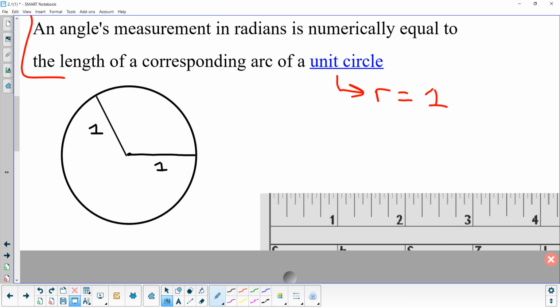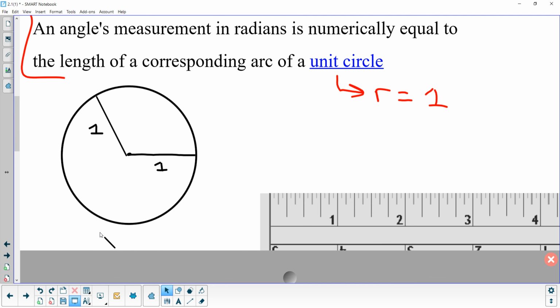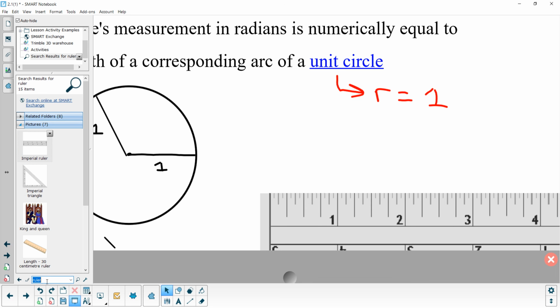Now, if I do have a protractor, let me see. I don't know if I have a protractor that I can really use. Let me see. I think most of the protractors on here measure in degrees. Let's see.